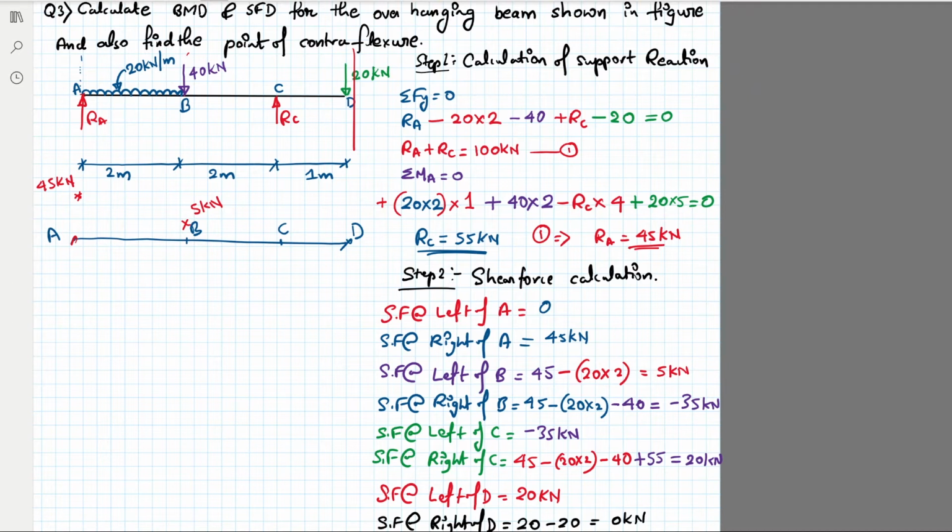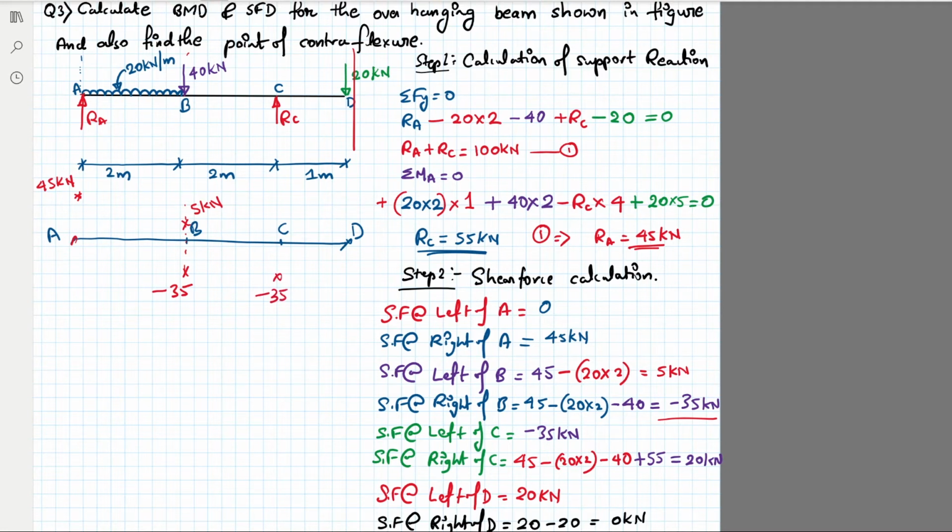Then at right of B, it will reach minus 35, minus 35 at right of B. Then at C, it is going to maintain the same value, minus 35.